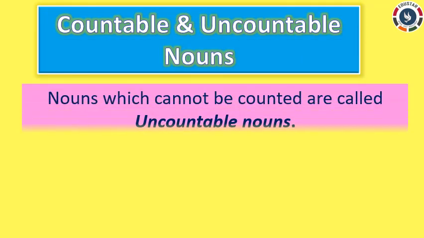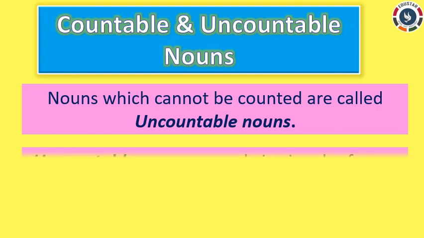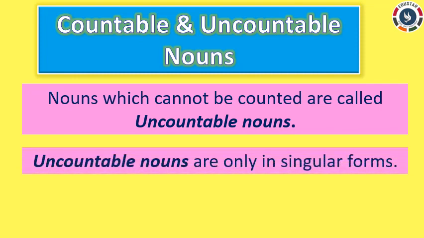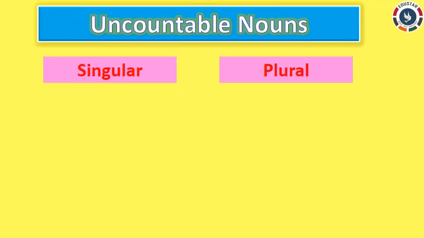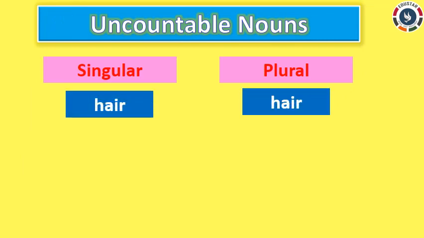And nouns which cannot be counted are called uncountable nouns. Uncountable nouns are only in singular form. They do not have any plural forms. For example, the plural of hair is hair.